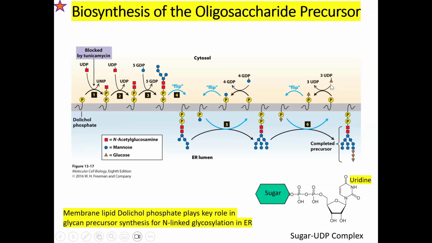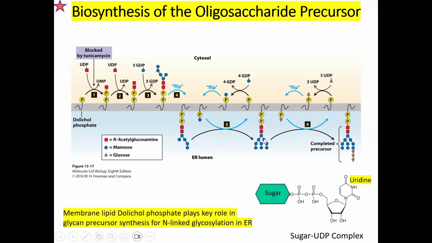It brings another glucose with the help of a UDP, just one glucose, and it is flipped inside right here. On the other hand, others are bringing in more mannose, single mannose. This mannose is bound and it's bringing another mannose, and gradually this is happening a number of times, increasing from 5 to ultimately 9 mannose.